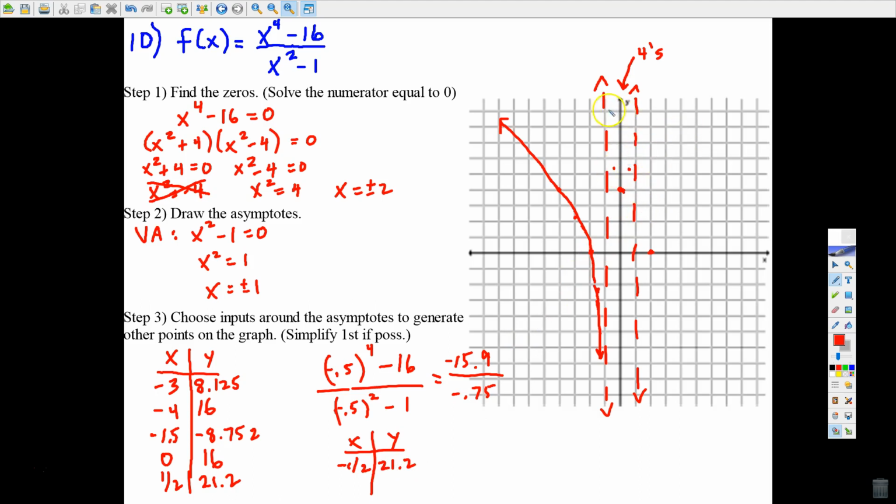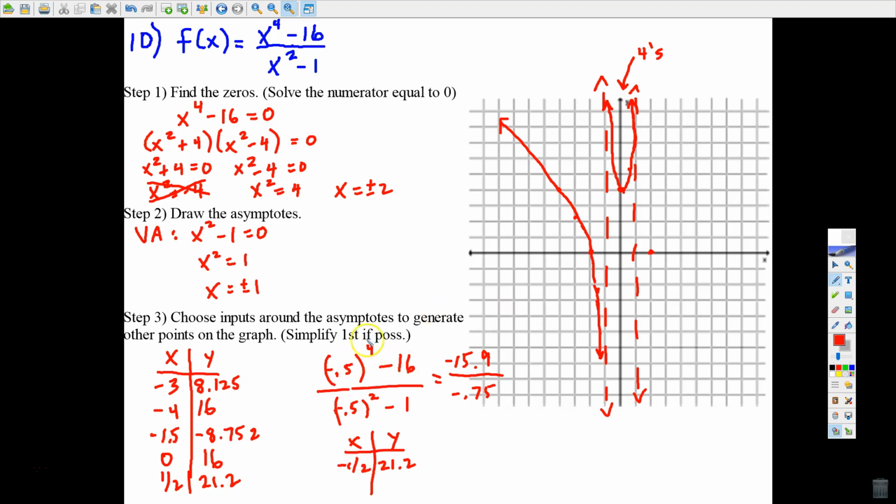Alright, so now I feel pretty good that this is going to be a parabola in here. Well, not a pretty parabola, but it is a parabola. I'm going to be approaching positive infinity on both sides. Well, another thing about this function, if you figured out that if I input positive 1/2, I get 21.2, and that's also true for negative 1/2.